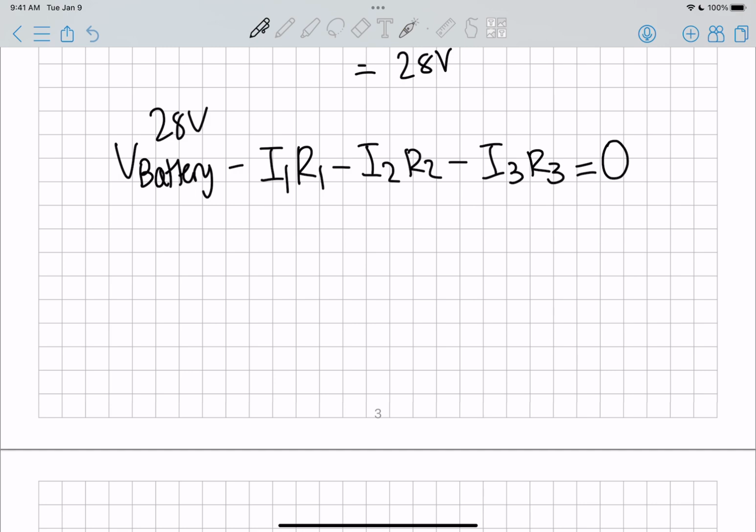They have negative 3I4 plus 2I2 is equal to 0.